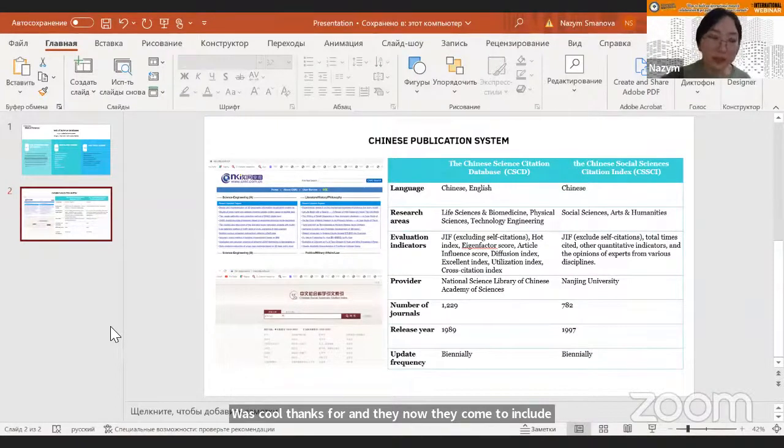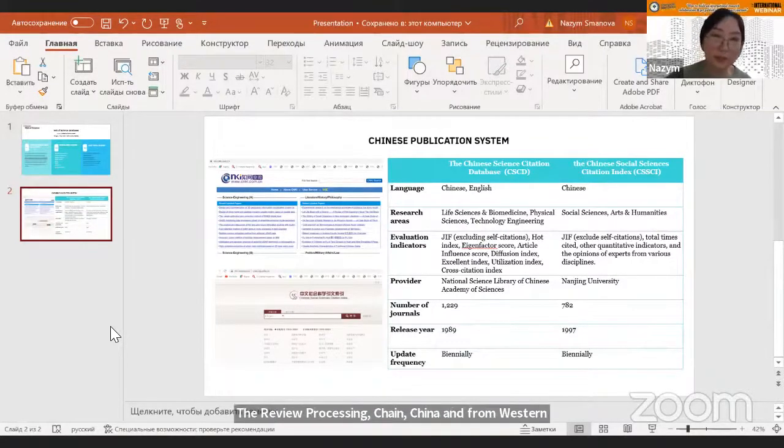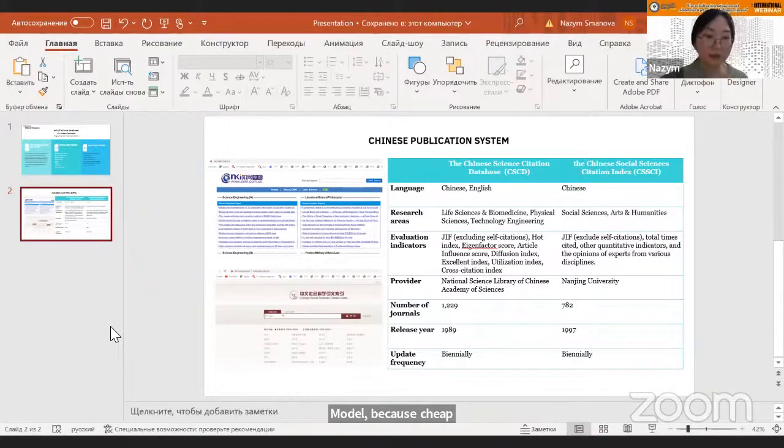And they also integrated some anonymous review into manuscript review since 2000. However, the review process in China differs from the Western model because the chief editor plays a crucial and more powerful role than the experts.